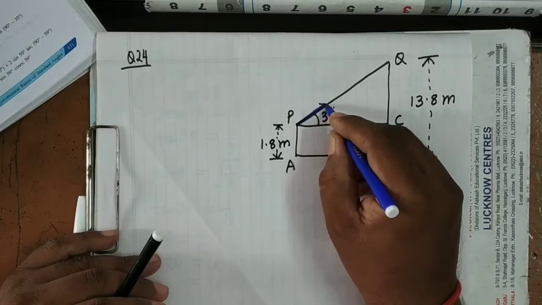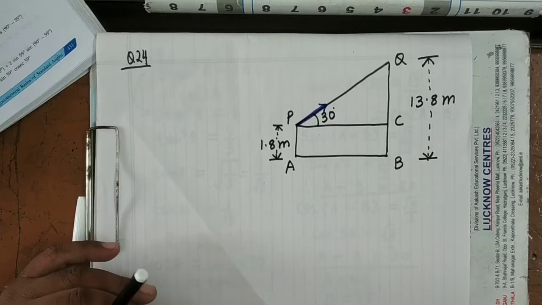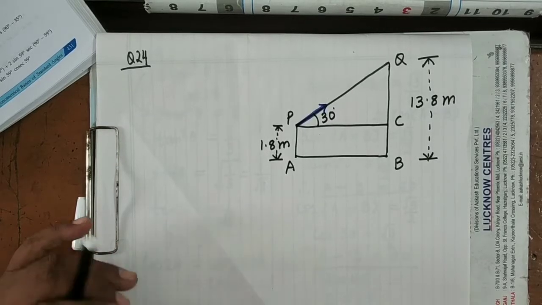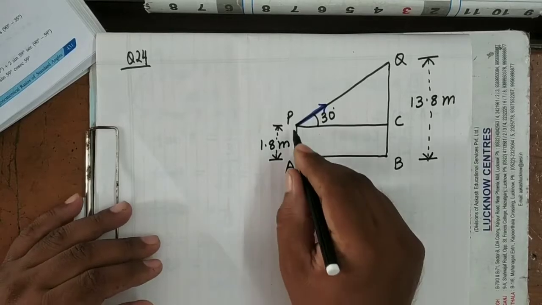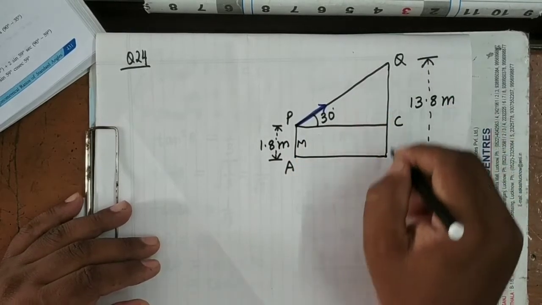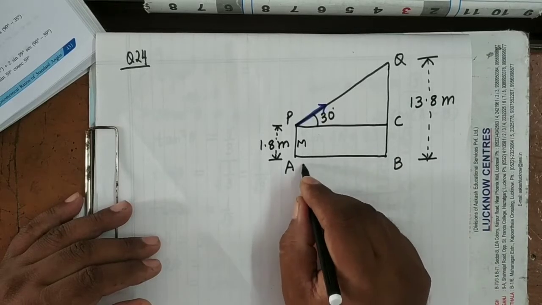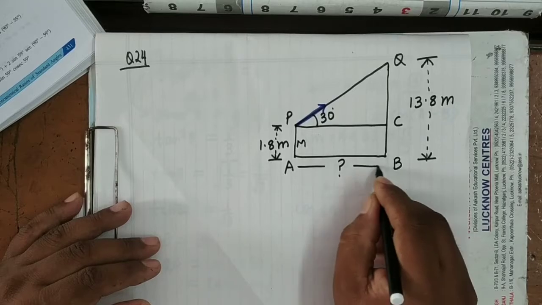It's clear. Making what angle from the horizontal? 30 degree to the horizontal. Find the distance of the man from the building. Distance of the man is this, QB is the building. So you have to find this distance.